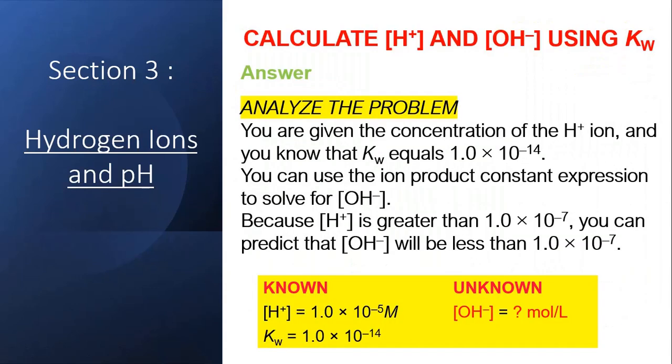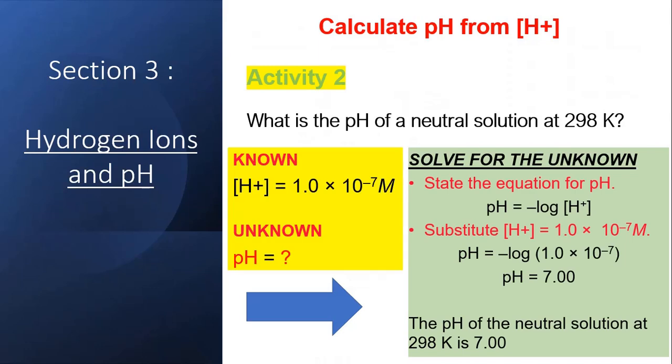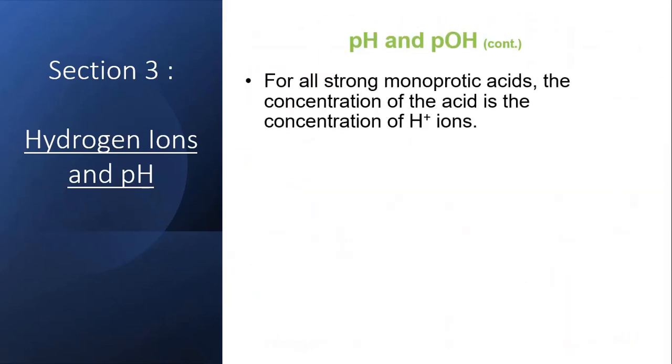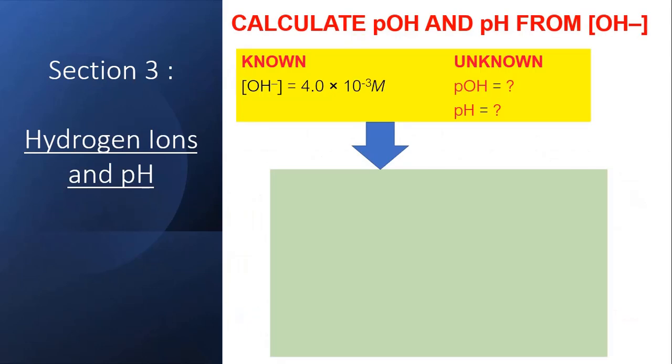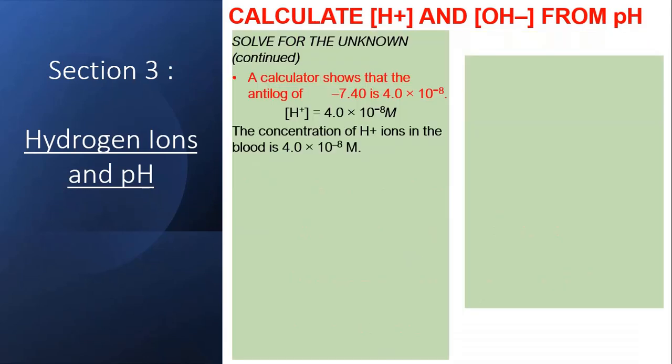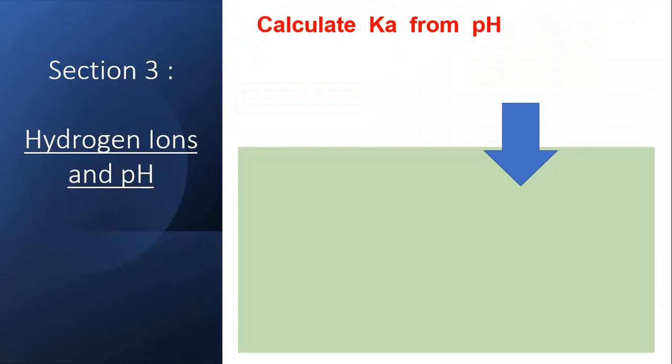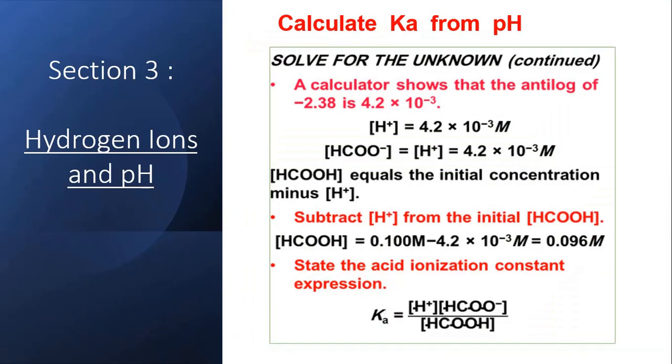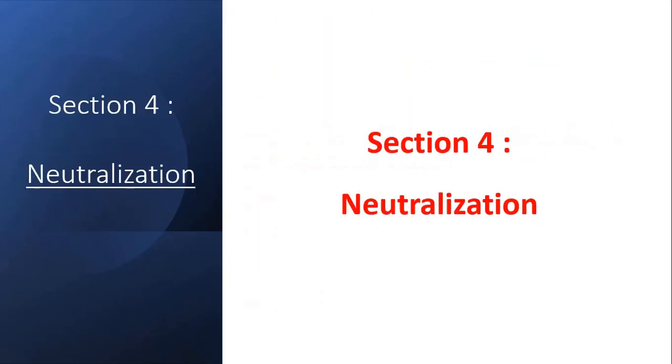All this is going to be covered, and we have some problems here, so prepare yourself with a calculator. We are going to use the calculator for different problems. The fifth one is like a challenge, and then we will have the last section, neutralization.